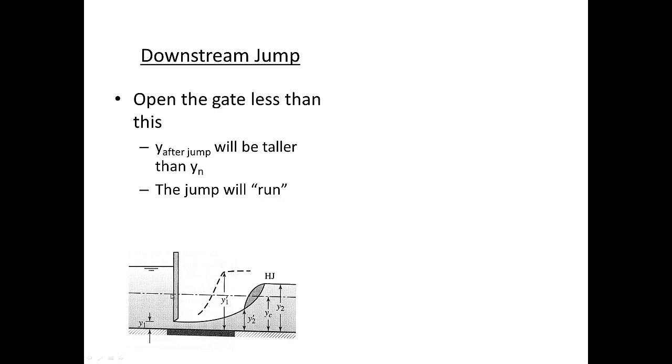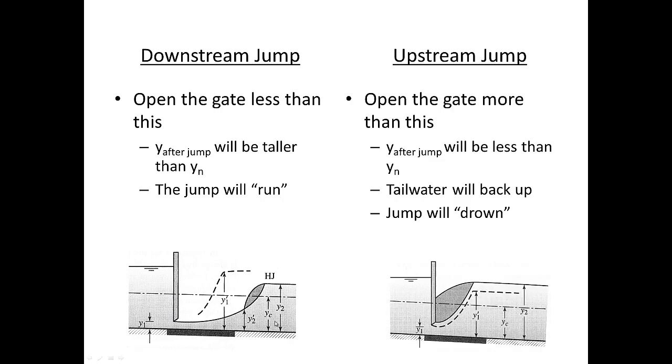And so what we see here is that the gate being closed made the jump run away. On the other hand, an upstream jump can form not only if the tailwater condition is a relatively shallow slope or a high roughness, whatever it is that's making this depth Y2 great, but rather if we open up the gate, then that can cause the water to draw nearer towards the gate itself.